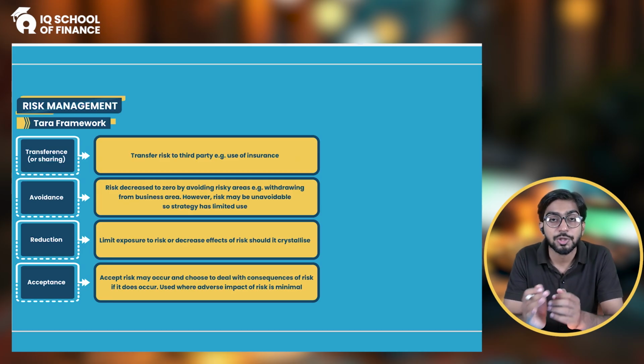They go for the insurance option, and they insure this risk, so that if an employee gets injured and the company has to pay something, the company will pay, and then the company will get it reimbursed from the insurance company or the insurance provider because they have insured it.